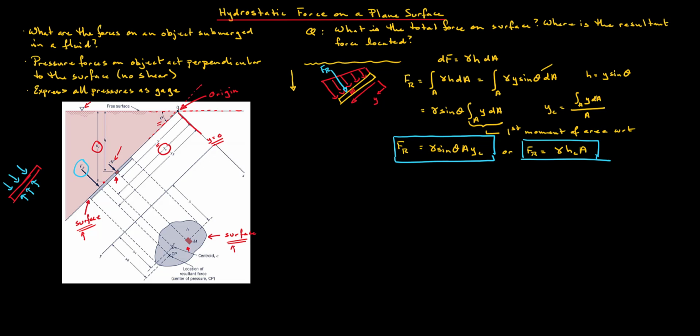So although the magnitude of the resultant force is a function of the centroid, the location of that force does not pass through it. And this is a very important thing to note. So the location of FR does not pass through the centroid, which we can denote as yc, if we will.